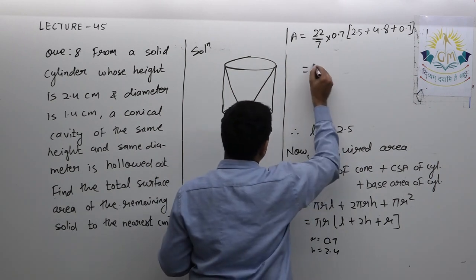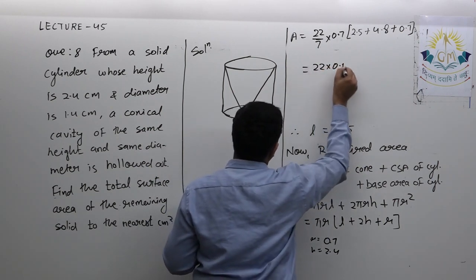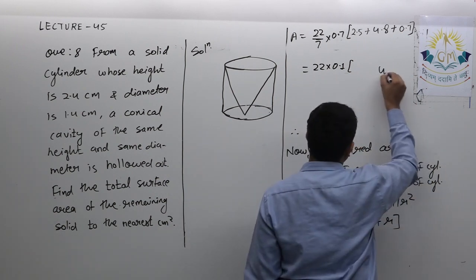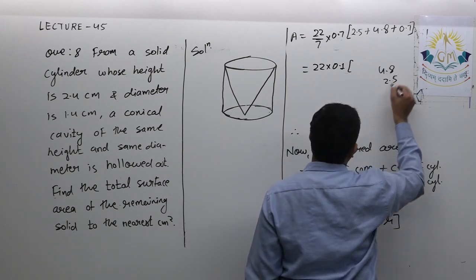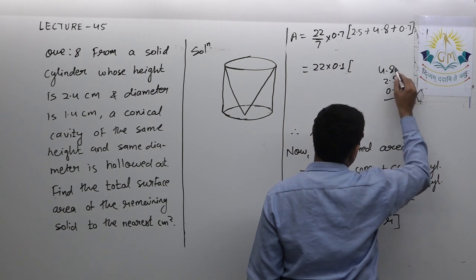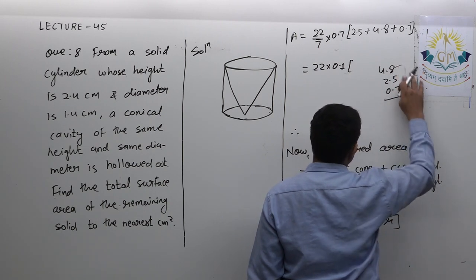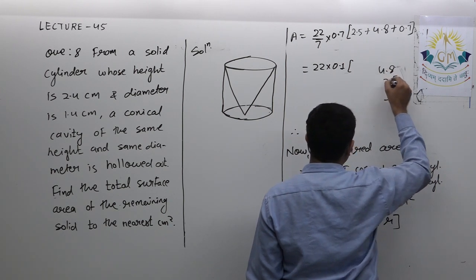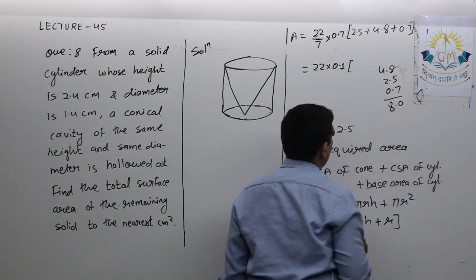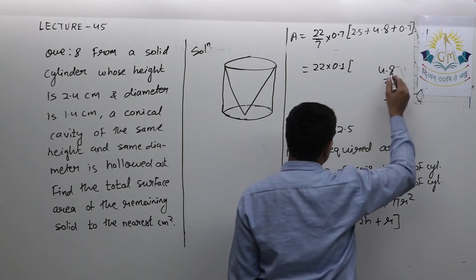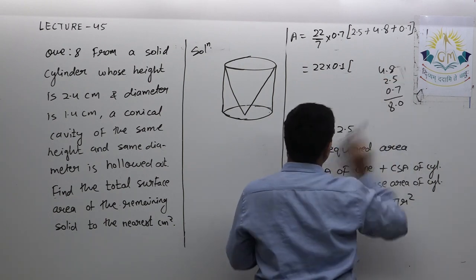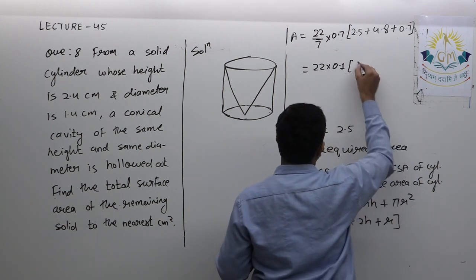So here 22 into 0.1, and if I add these, 4.8, 2.5 and 0.7, you will get 8.